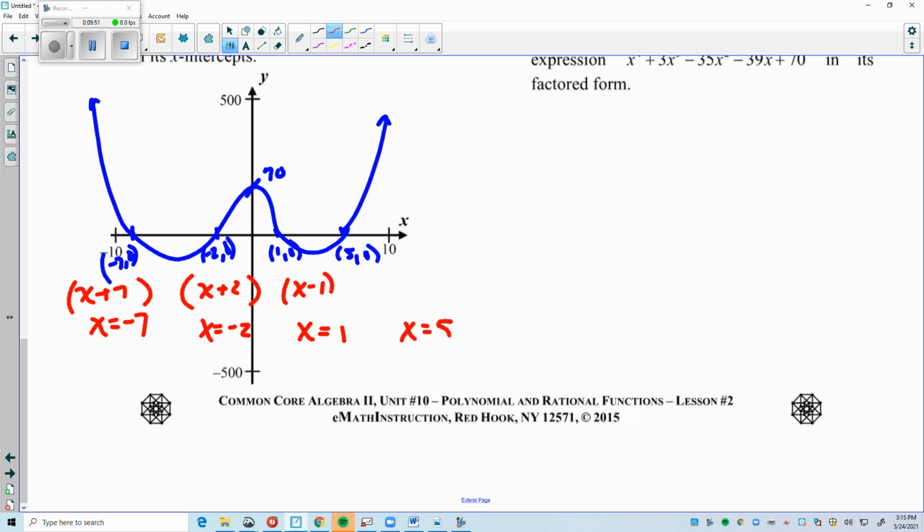And we have a 0 at 5, switch the sign, that's negative 5. Okay, so we're going to write that in factored form. So our factored form, we have, how about x plus 7, x plus 2, x minus 1, and x minus 5. So we've just factored it basically by using the graph, finding the zeros, and writing it in its factored form.